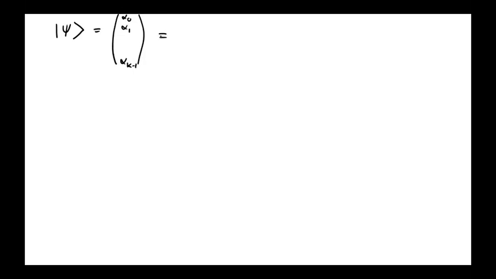In our Ket notation, we write it as alpha_0 |0> plus alpha_1 |1> plus so on, alpha_{k-1} |k-1>. Just to remind you, Ket notation was introduced by Paul Dirac, the great physicist.